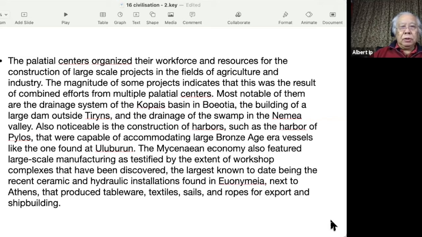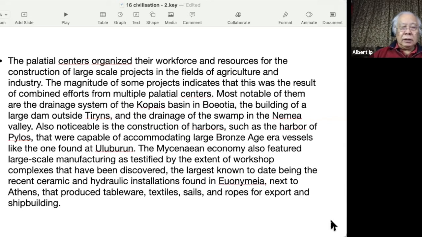Another notable project is the construction of harbors, capable of accommodating large Bronze Age vessels. The economy also featured large-scale manufacturing, as testified by the extent of workshop complexes that have been discovered, being the recent ceramic and hydraulic installations found in the area.